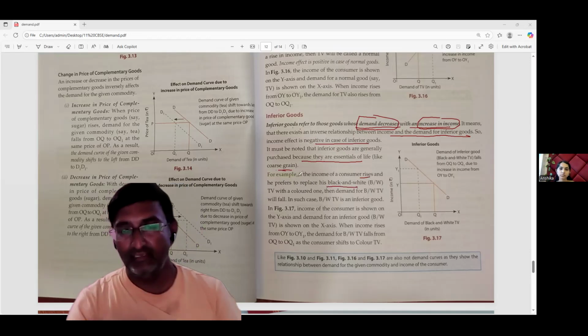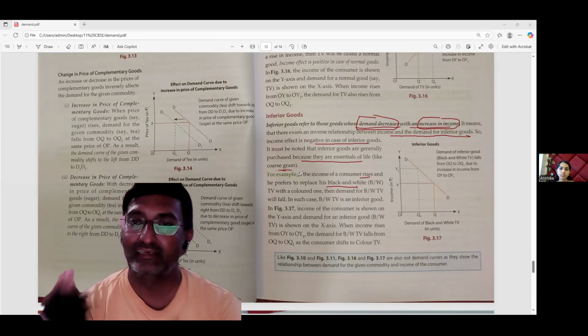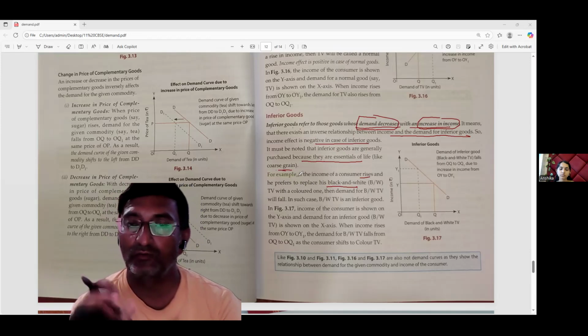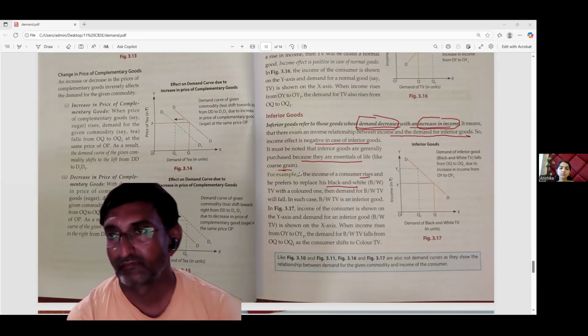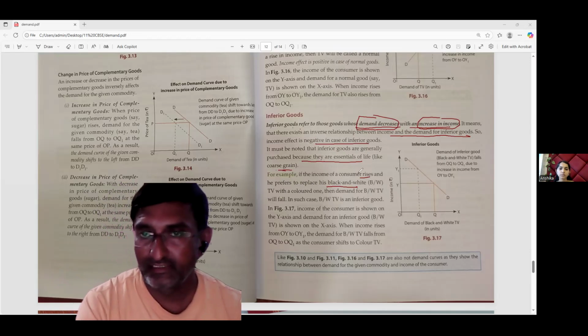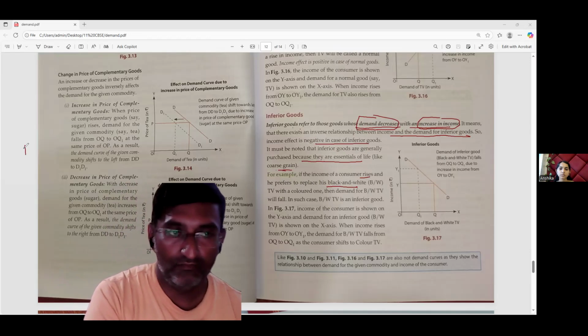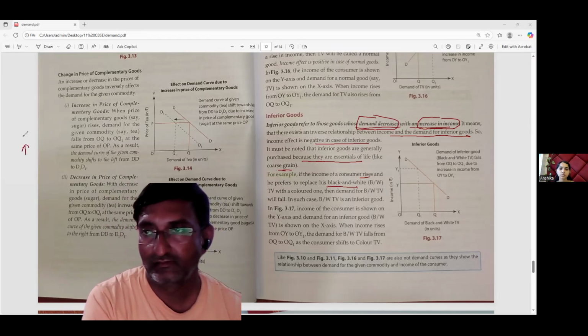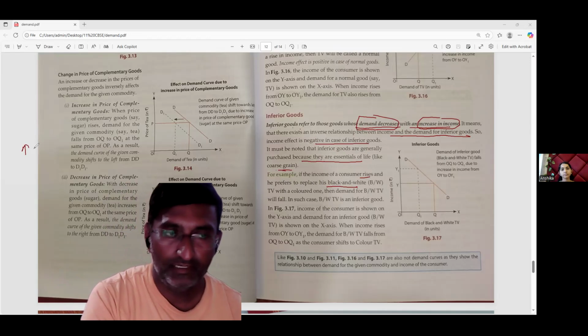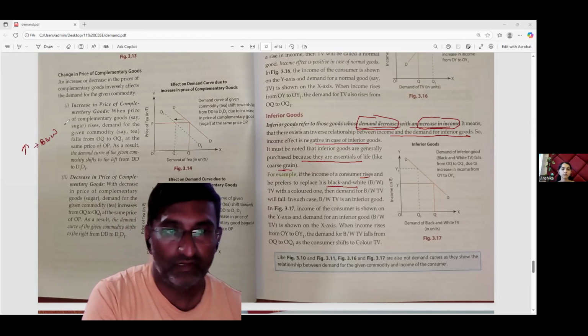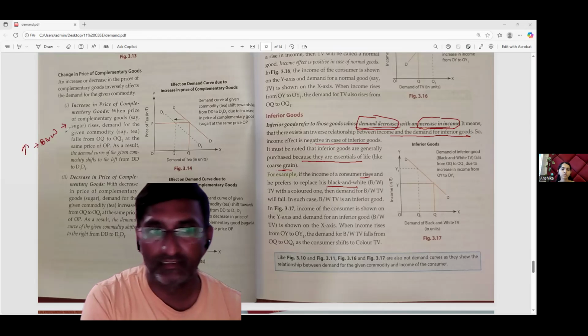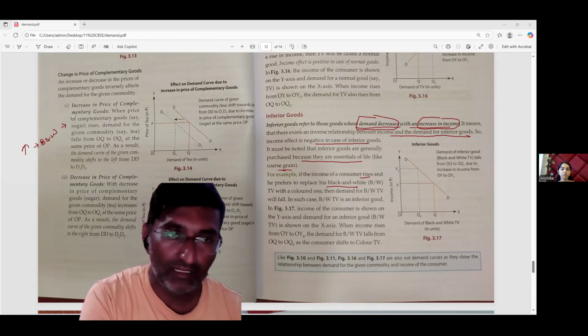In this case, the consumer is switching his commodity from normal to superior, right? When his income was increased, and he was using a black and white TV, he will buy only a color TV.